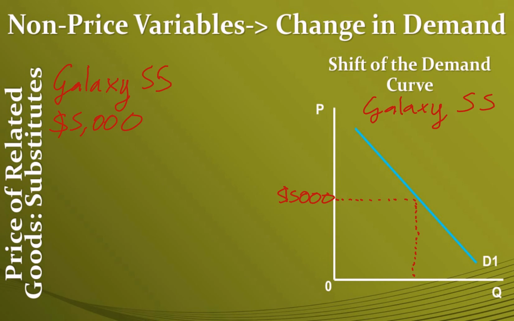In the example, we have in front of that the iPhone. Whatever number you want to use for the iPhone. So what happens over here is that depending on the price of the iPhone, the demand for Galaxy S5 will shift.